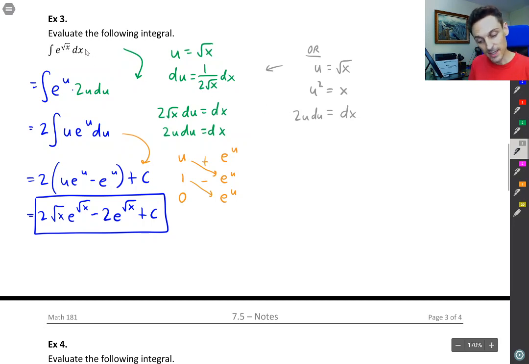And so when you replace the dx out, you don't have to worry about anything being right next to the dx here. You just replace the dx with what it is in terms of u and du, and then make all your other replacements in the integrand. So this is a nice clean way of doing this type of problem, and one that we're going to use going forward. All right.